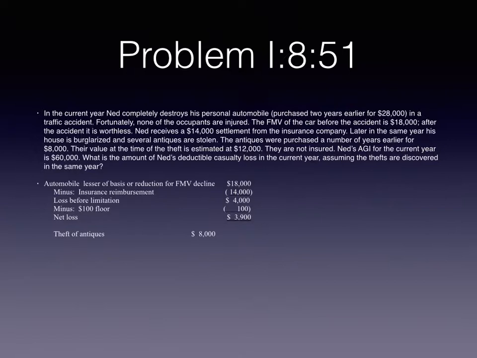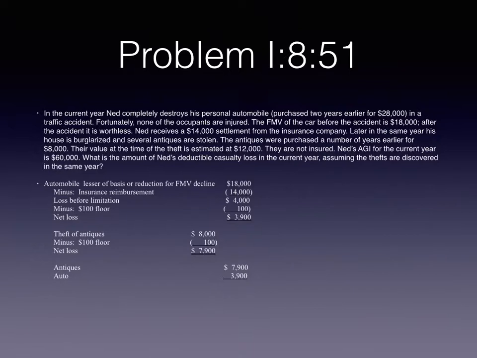Then we also have the theft of antiques, and in this case, the basis was $8,000, and we're going to subtract out the $100 floor again, leaving us with a net loss in that case of $7,900.